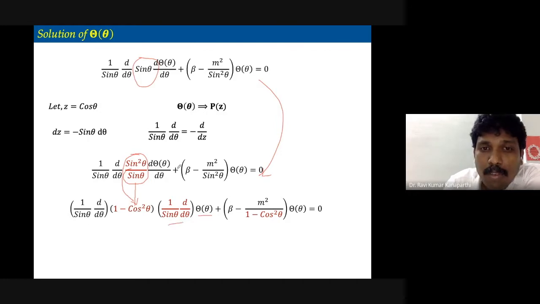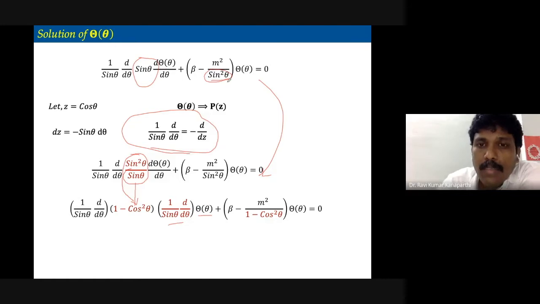Why am I doing this? Because I knew that the value of 1 over sine theta d by d theta is equal to minus d by dz. That's the reason I'm writing all these things. Similarly, in the denominator you have sine squared theta, which again can be expanded like this, 1 minus cos squared theta.